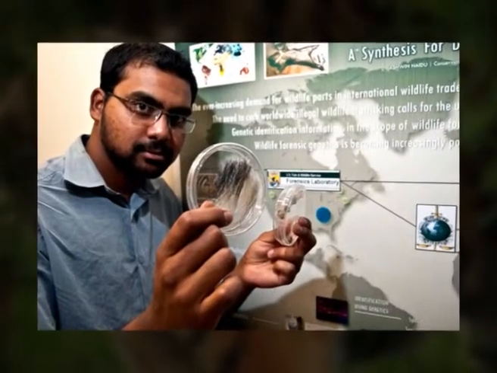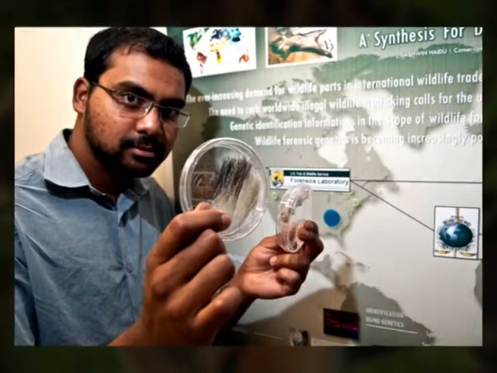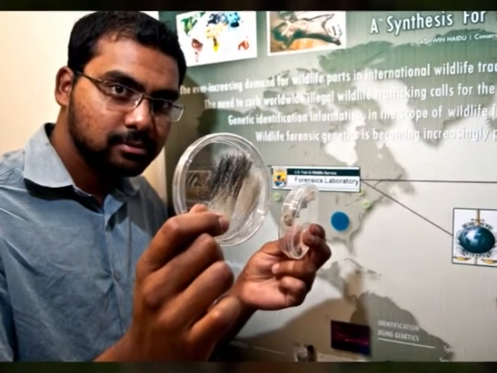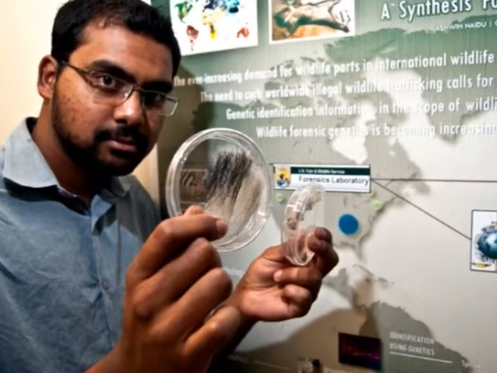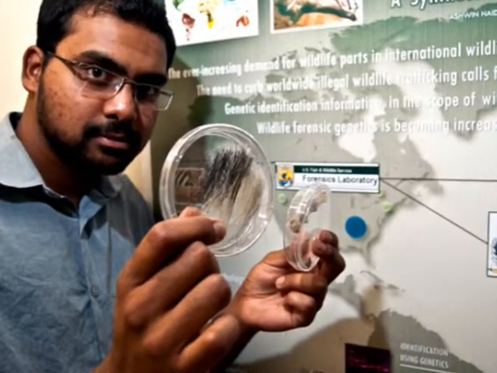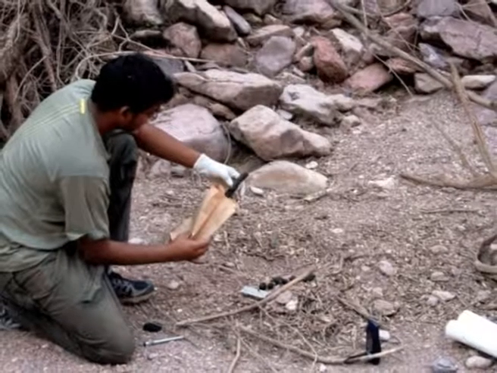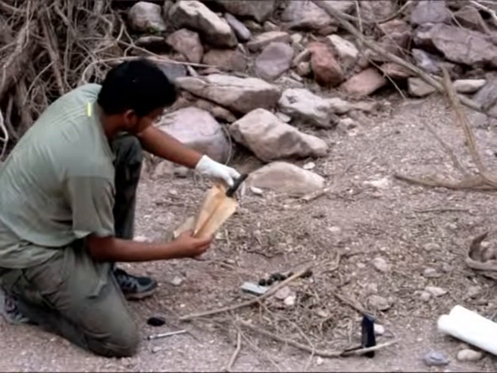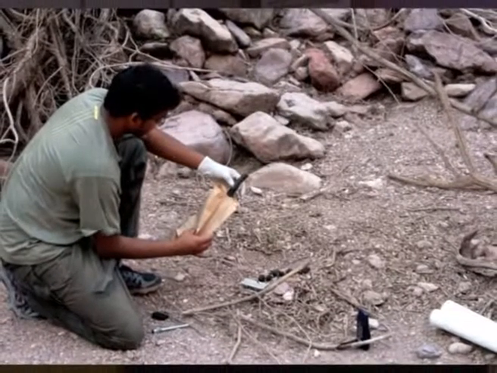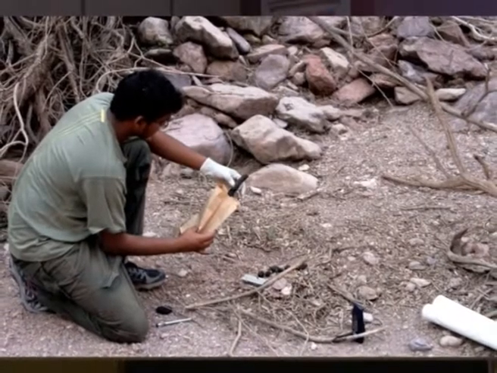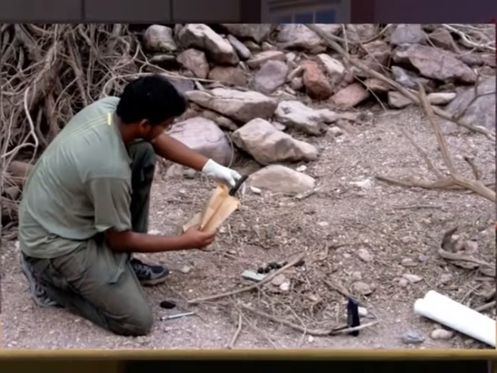Samples for wildlife forensics are as follows. Some of the samples that may be considered for wildlife forensic examination include hair, meat, blood, visceral organs, bones, feces. The basic underlying principle of sample collection is that the collection process should not in any way contaminate the sample.